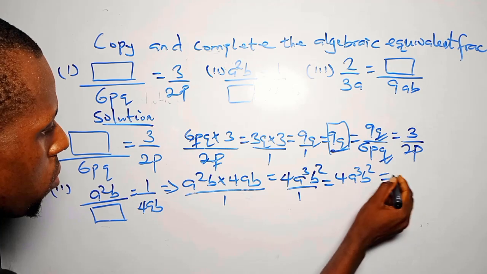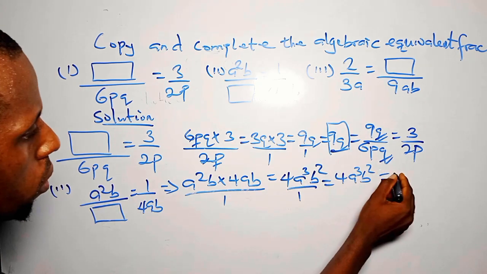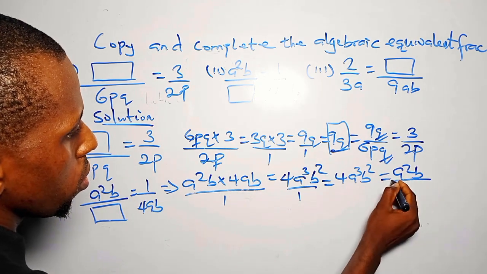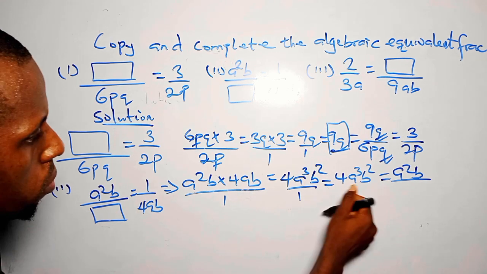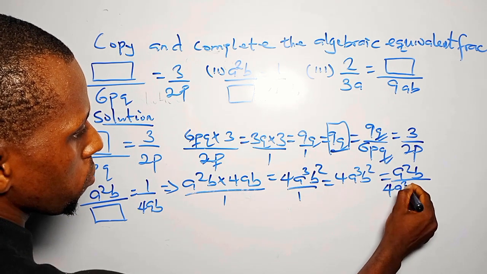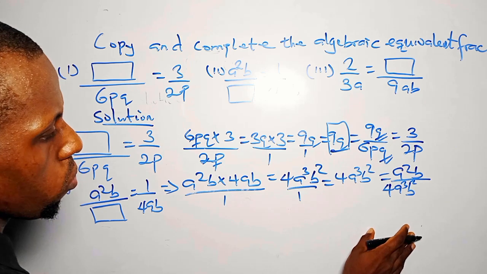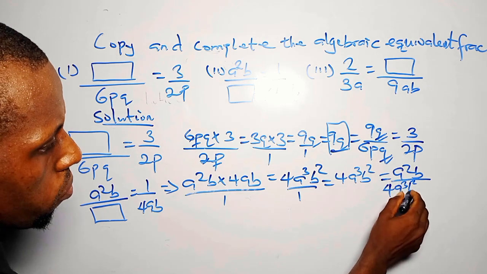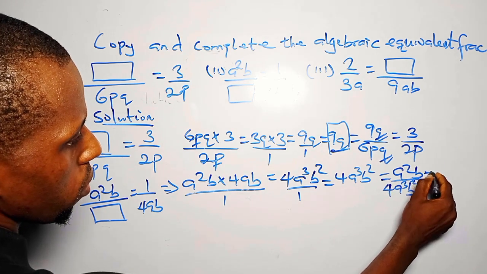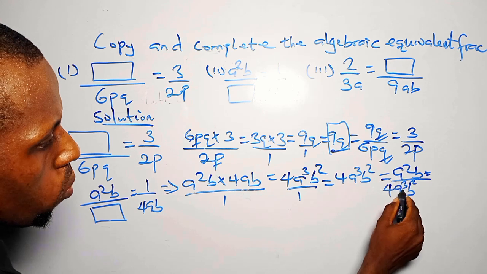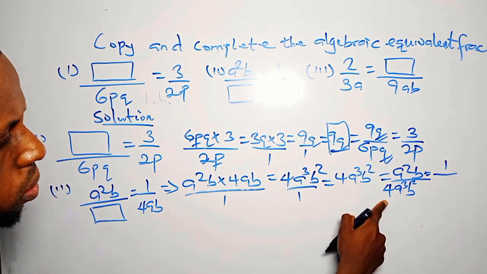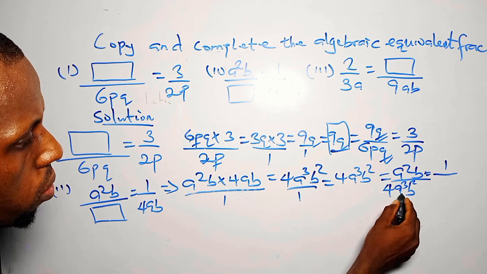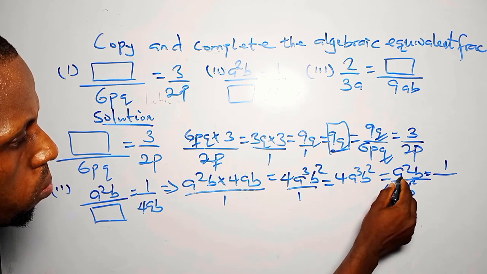So let us check that. For a squared b divided by, since we have arrived at this to be 4a raised to power 3 b raised to power 2, when we simplify this, we have the numerator to be 1, since we have simplified with the common factor of the numerator.